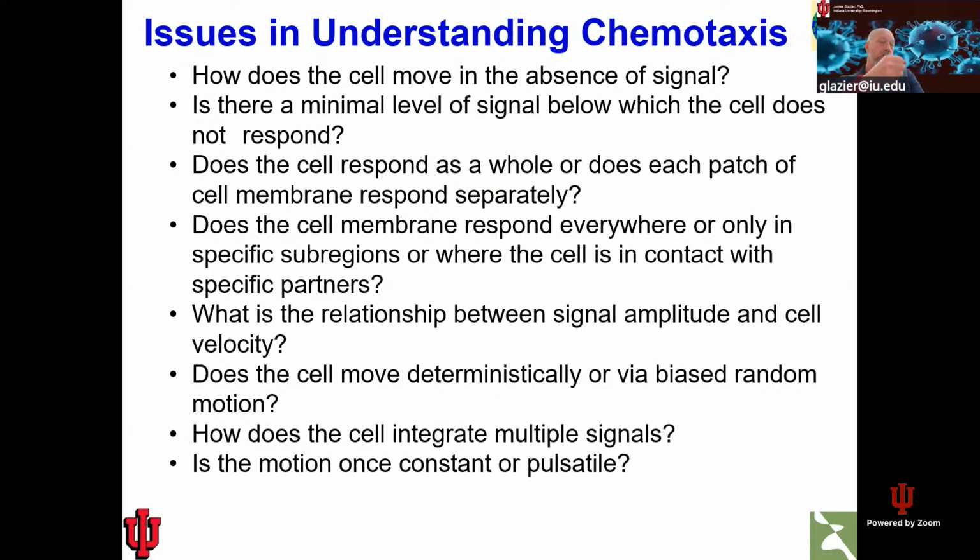The cell will move for a while, then stop, then move again and stop. Of course, if you have something like chemokinesis, where the bacterium runs and then tumbles and then runs again, that's clearly a pulsatile movement. But eukaryotic cells also do that. So there's all this complexity in the biology, and as usual, 99.9% of models ignore all of that and do something very simple.